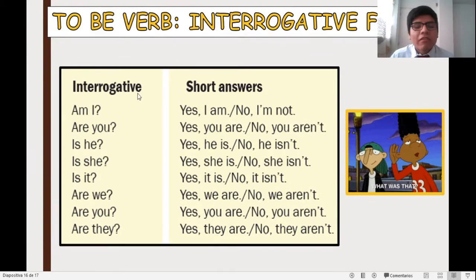How do you form it? You need to put the verb to be first and then the pronoun. Primero el verbo to be y luego el pronombre, ¿no? So let's listen, okay? Listen to me.